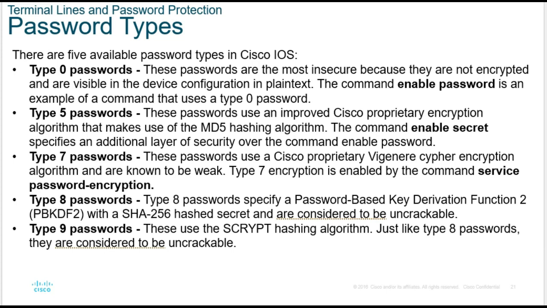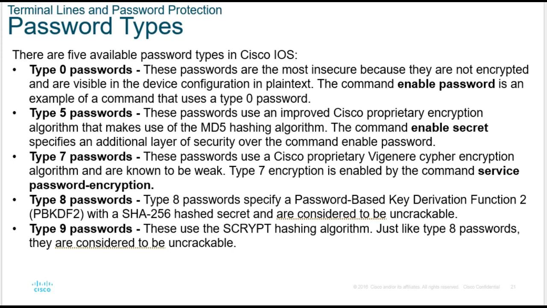So example password yang type 0 adalah bila kita buat basic device configuration menggunakan keyword enable password. Kalau kita nak secure sikit lagi, we go up a level which is type 5 password, and we use the keyword enable secret. So enable secret melambangkan that it has a Cisco proprietary encryption, security lah untuk the password.